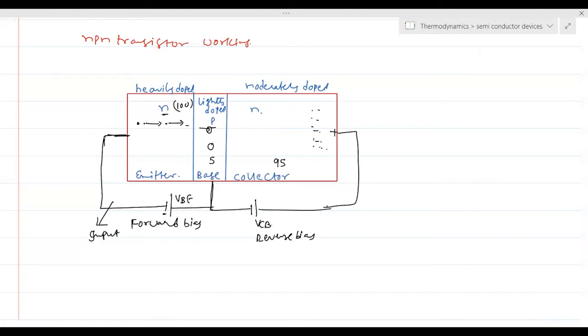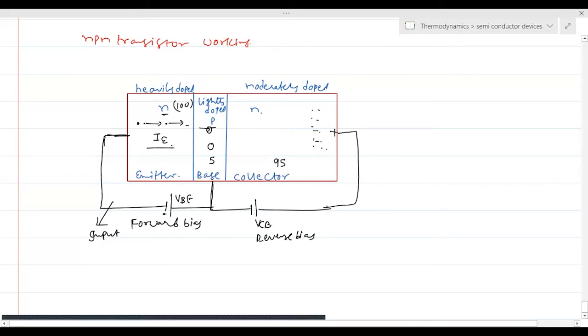Suppose 100 electrons are conducting in the emitter, they constitute a current called the emitter current. Some electrons are wasted here, and those electrons are collected by the base and pass through like this. They constitute some base current.